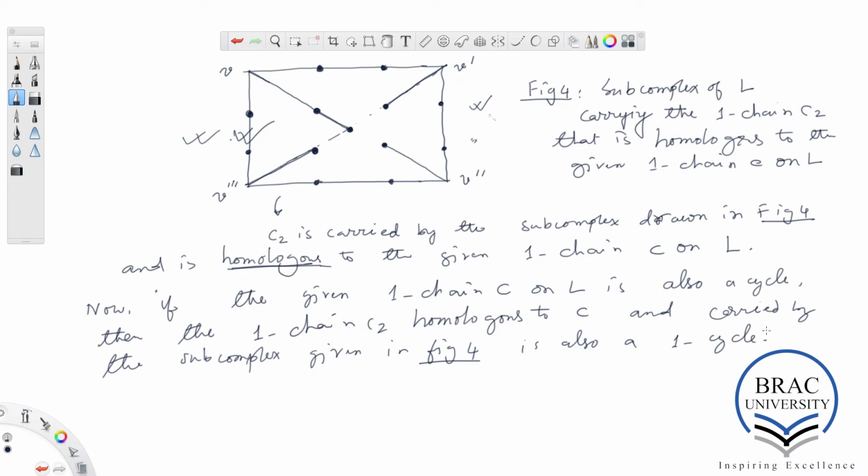Since they are homologous. Okay, so what does that mean? It means that delta 1 C2 is 0.